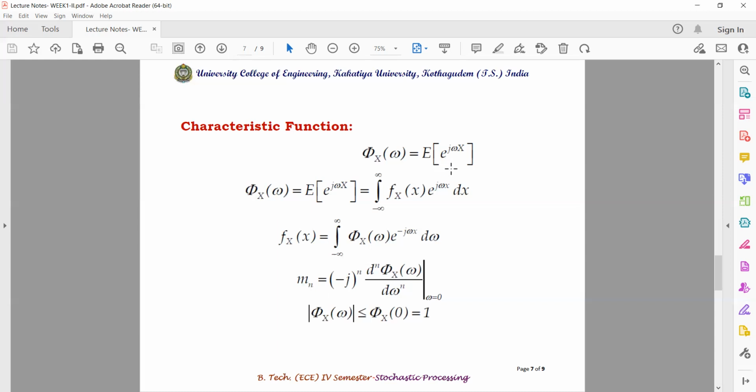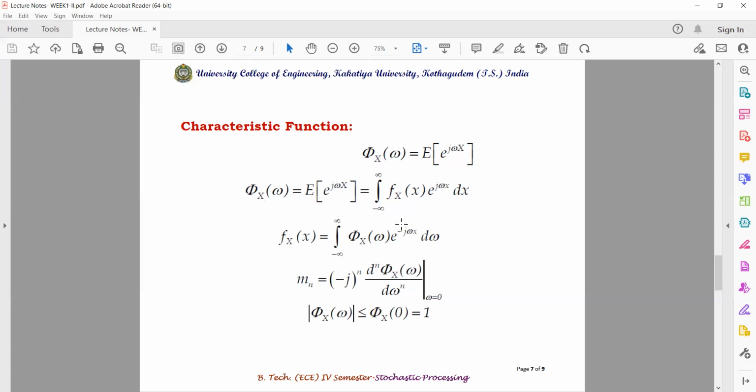Substituting in the formula, phi x of omega is equal to the integral from minus infinity to plus infinity of e power j omega x multiplied by the pdf dx.